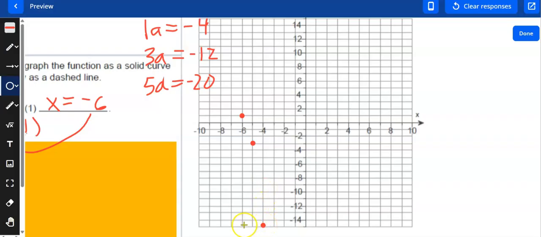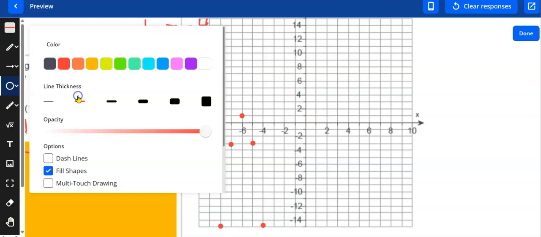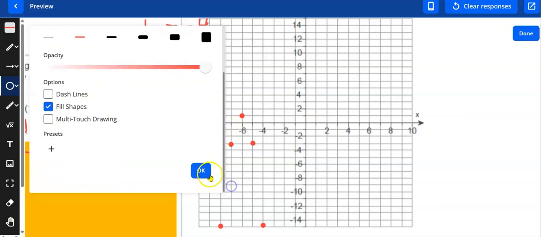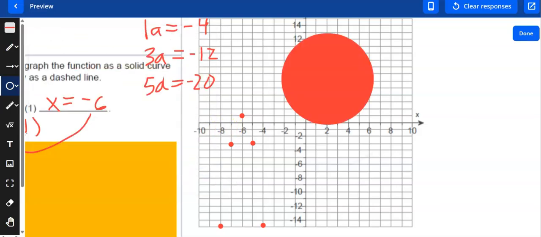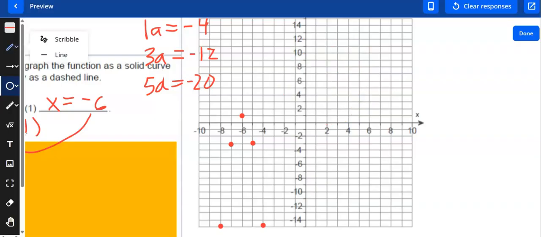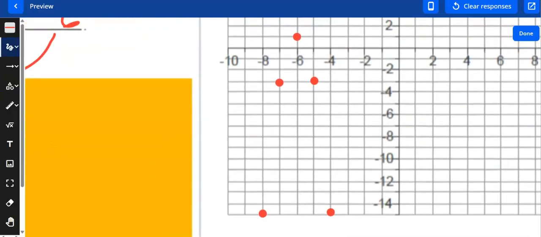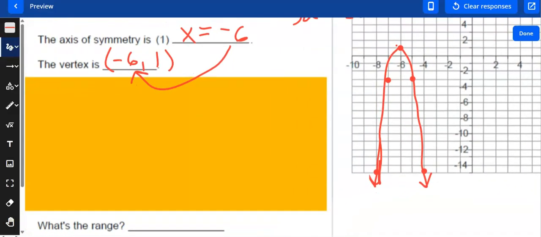So there's no way I'm going to get to the 5a number. Whoops, I missed.